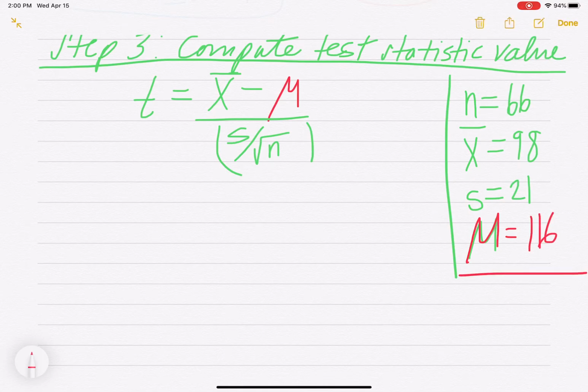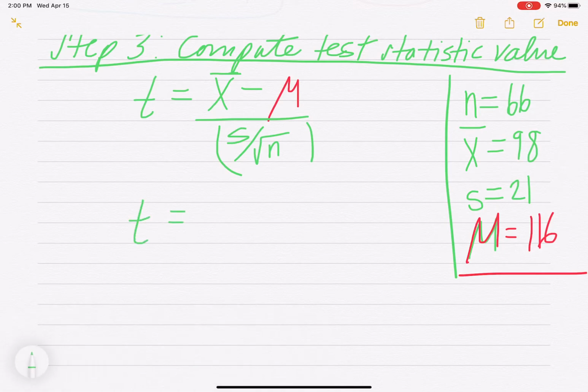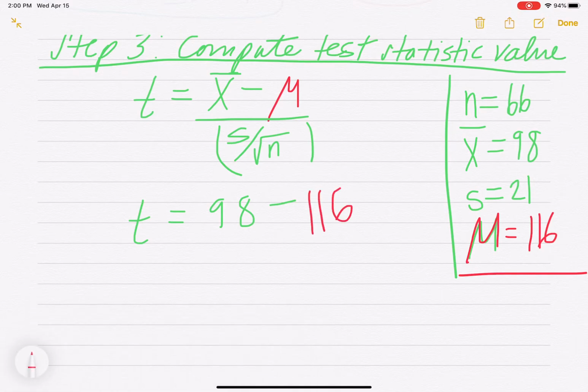All right, so we have t equals 98 minus 116, divided by 21 divided by the square root of 66. What's 98 minus 116?